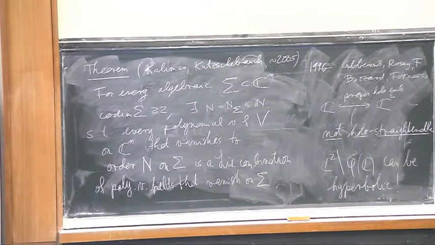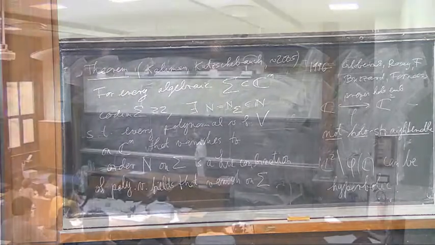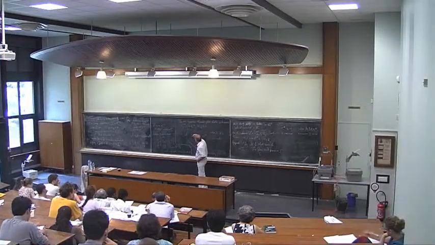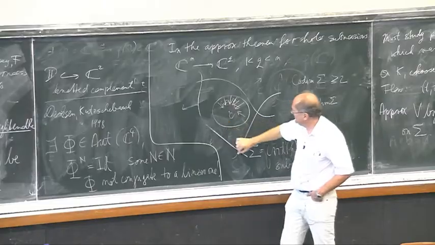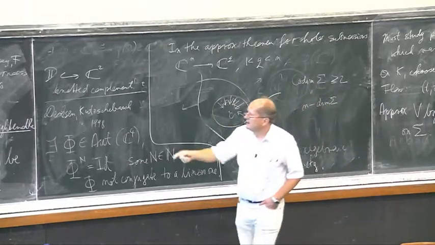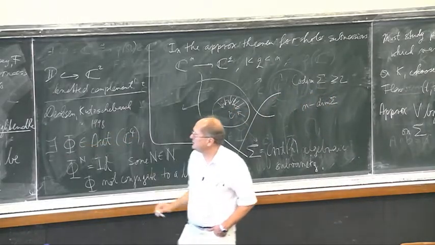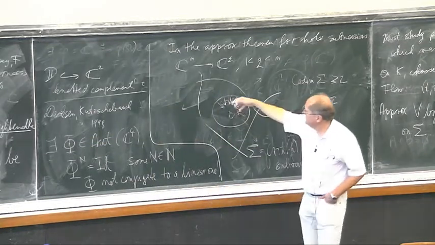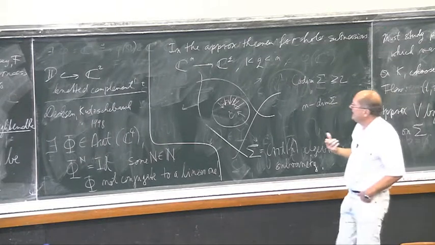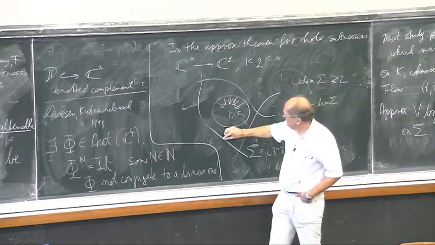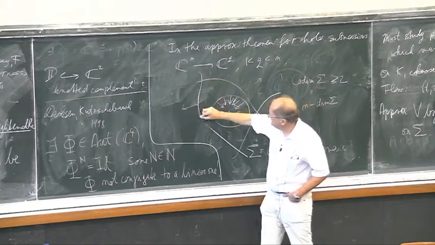Because you see, you start with this field on K, and just by standard theory, you can approximate it by a vector field that vanishes to as high order as you like on the sigma. And then you apply this theorem, and it tells you that the flow of this field will be approximable by automorphisms which pointwise fix the sigma, right?